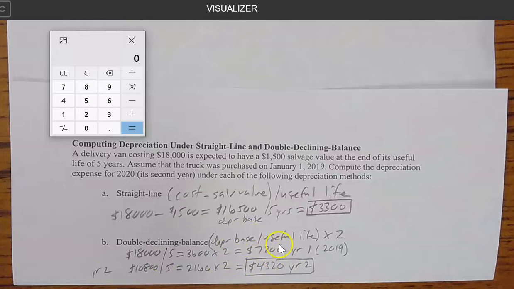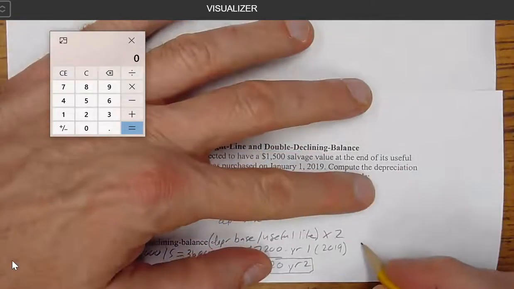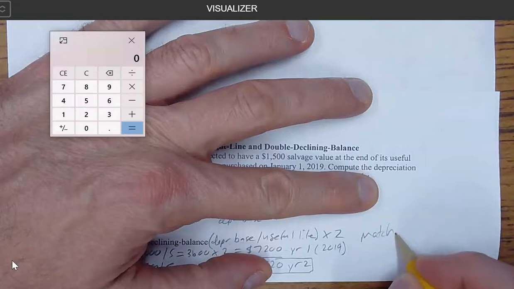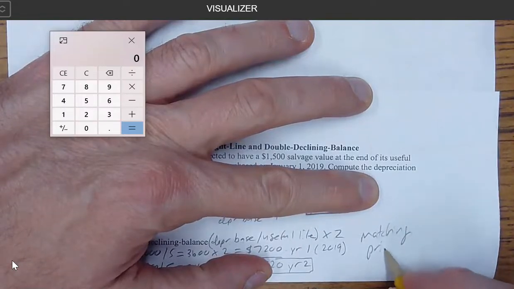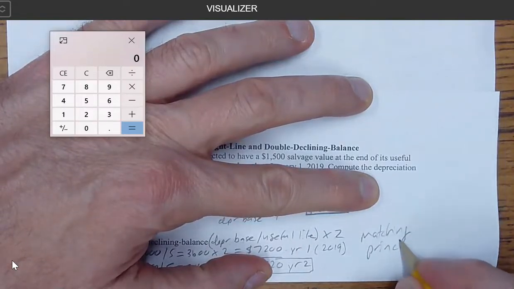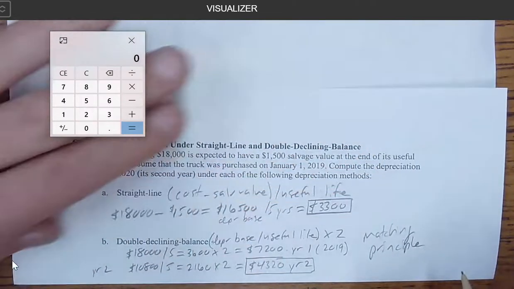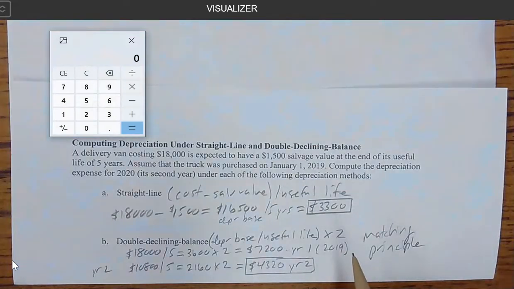So double declining balance is really, quite honestly, a better method, at least for a delivery van, as it pertains to the matching principle. And the matching principle says that we match expense to the same period where the corresponding revenues were earned.